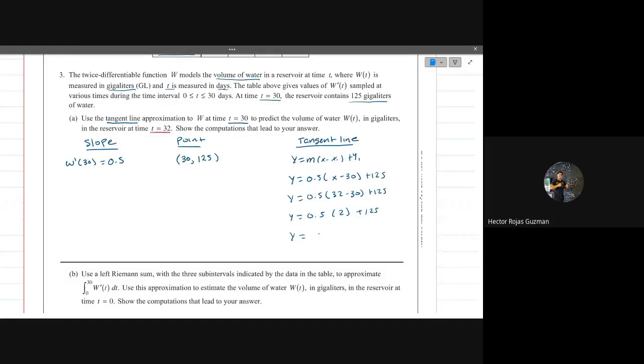And that is how many gigaliters are in the reservoir at t is equal to 32. It's kind of a lot of work for 1 point, but every point helps.